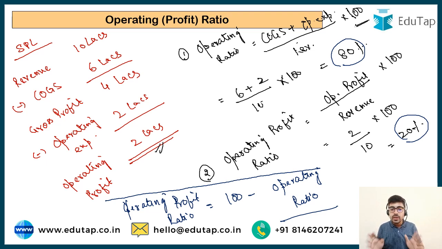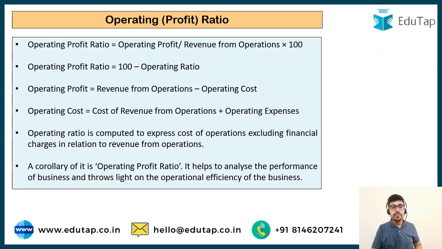If the operating ratio is 80%, the operating profit ratio is going to be 20%. This is something you have to remember. This is also explained here. Operating profit ratio is operating profit by revenue into 100, and it can also be computed in this way, 100 minus operating ratio.